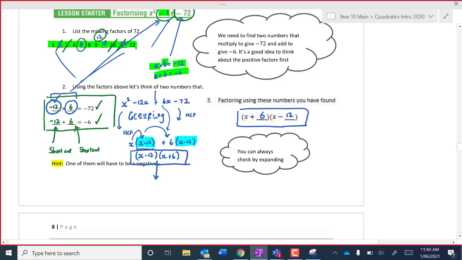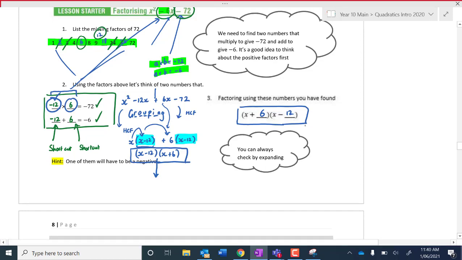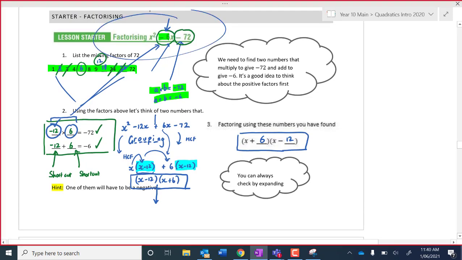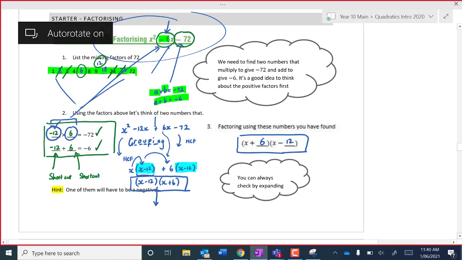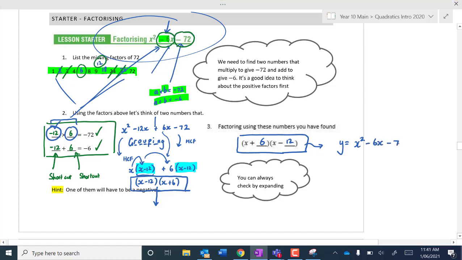Okay, now you might be asking, why are we doing this? Well, if I can just show you quickly, let's sketch this quadratic, y is equal to x squared minus 6x minus 72.